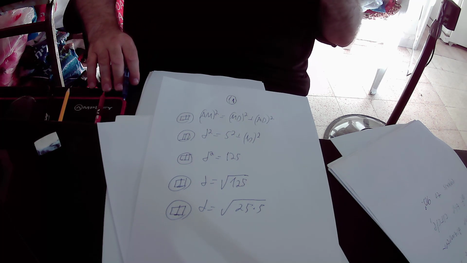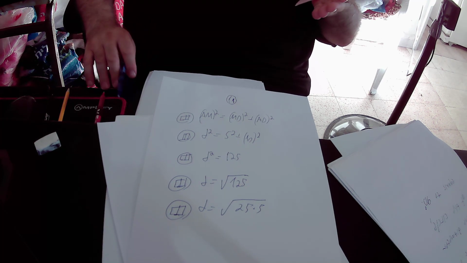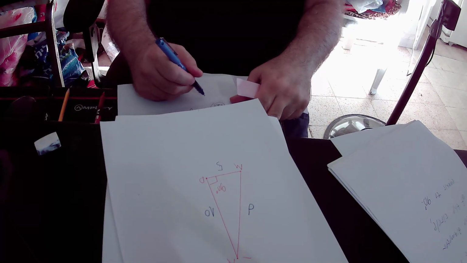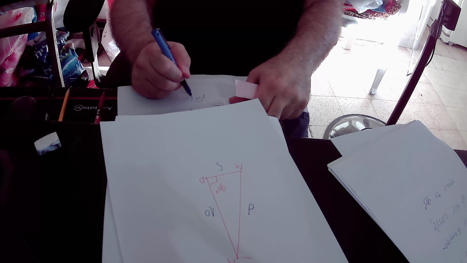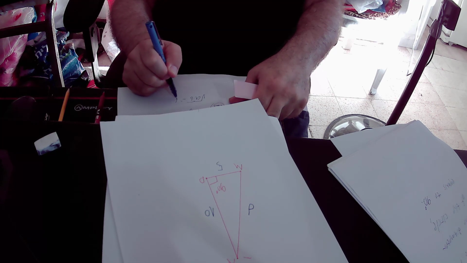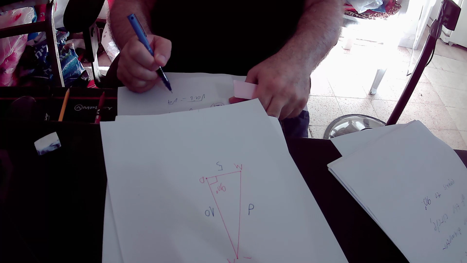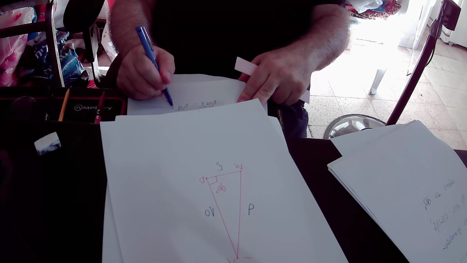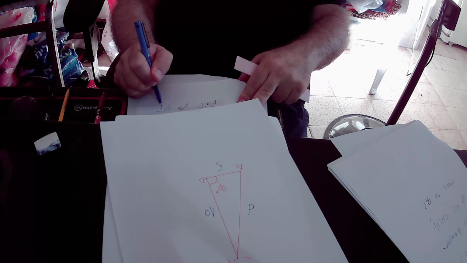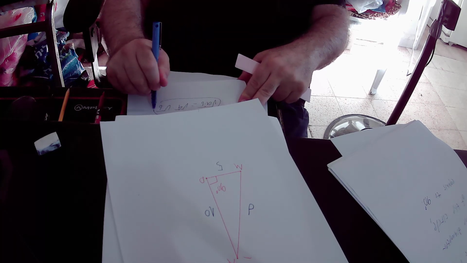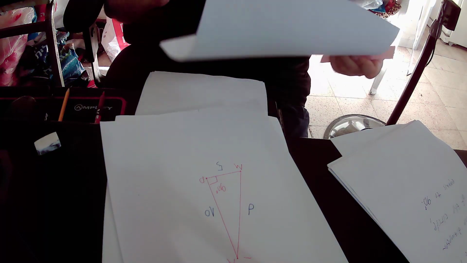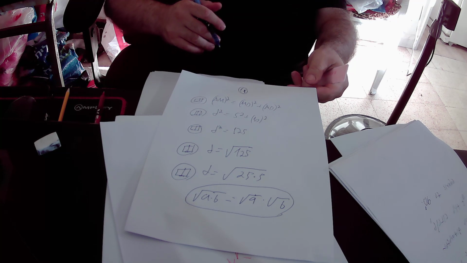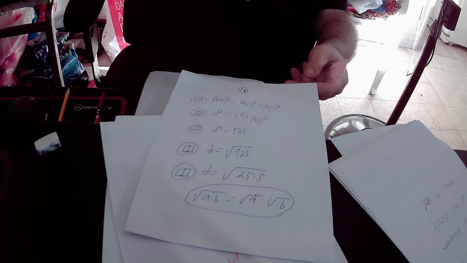Here we can separate the root into two roots according to the rule that the square root of a times b equals root a times root b.